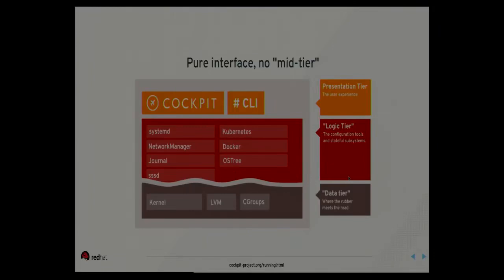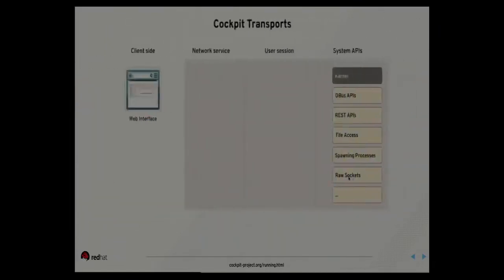The system owns its own state. We talk directly to services like systemd, which owns data about all the various unit files, the various services. Talk to Docker, Kubernetes, OSTree, SSSD, the journal, and so on. Those are the things. That's the mid-tier. The system is its own mid-tier, its own business logic.